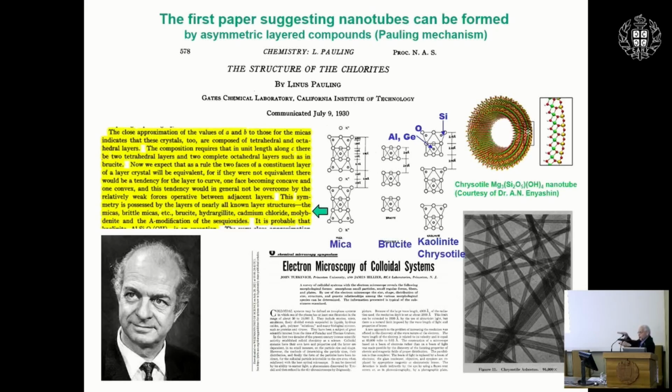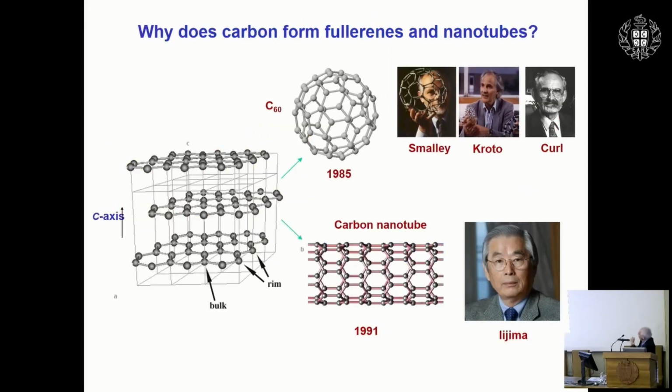So you have a deck of cards or pages which are either asymmetric or symmetric. The asymmetric form nanotubes, that's what he said, due to the strain, and the symmetric ones do not form nanotubes. That's also what he said, and he was wrong, of course. And we know now why.